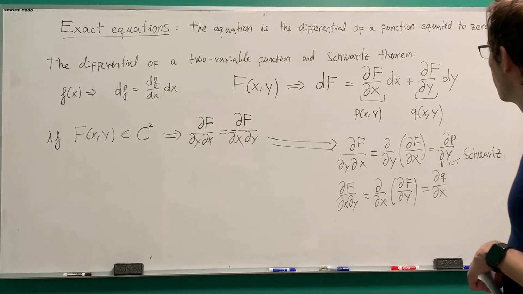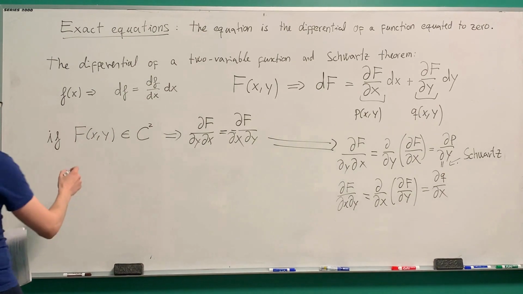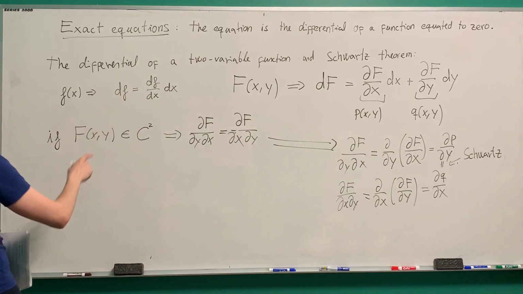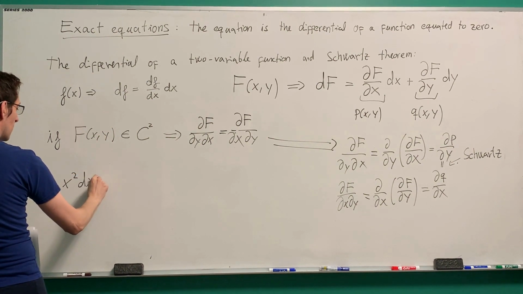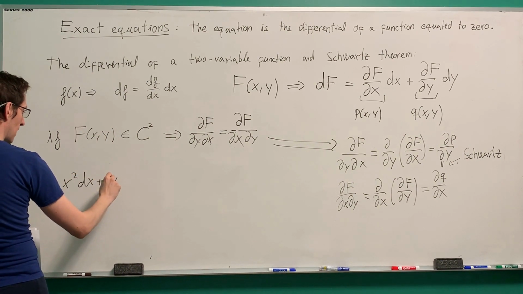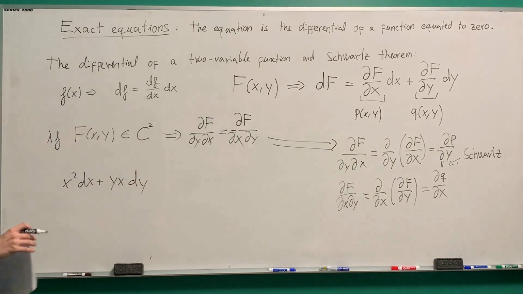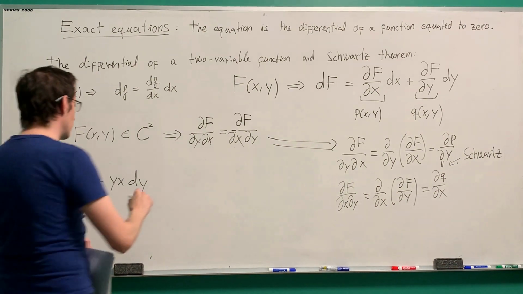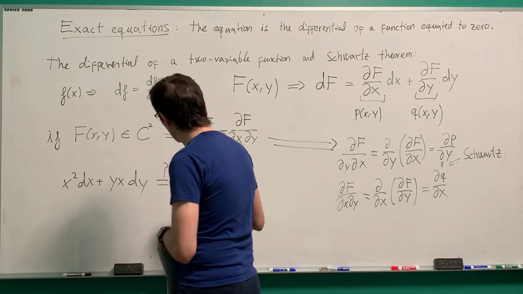Now, imagine I give you a differential form like this, which is some combination of dx and dy. Imagine x squared dx plus y x dy, and then I ask you, is that the differential of a function?